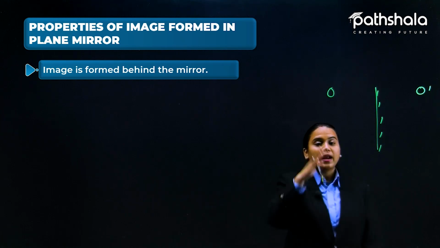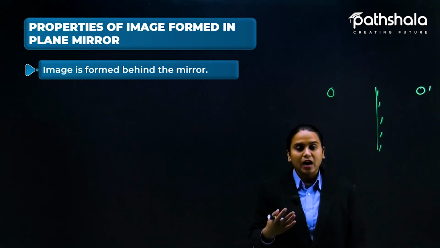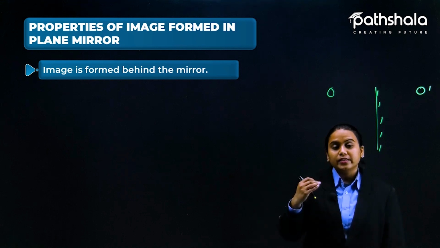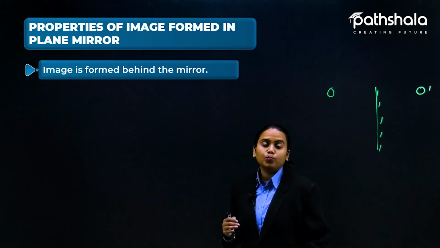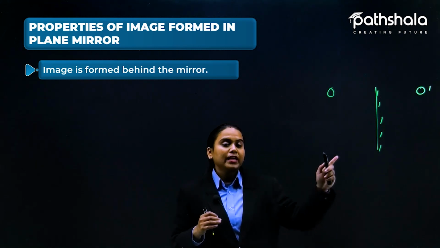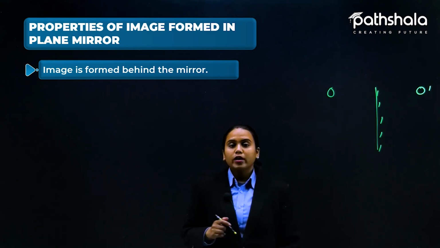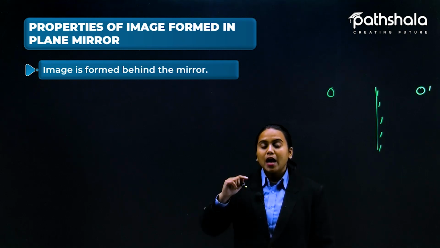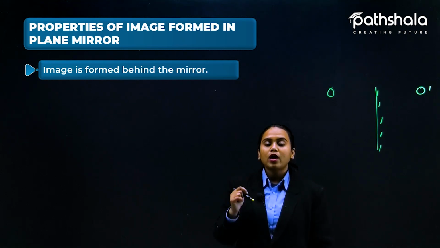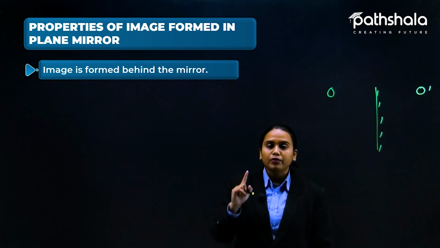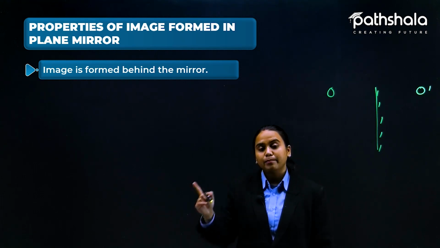It is actually bending, and we are perceiving it as an illusion that makes us believe the image is at the back side, but in reality it is not. Every time you look into the plane mirror, you will always see the image at the back side.